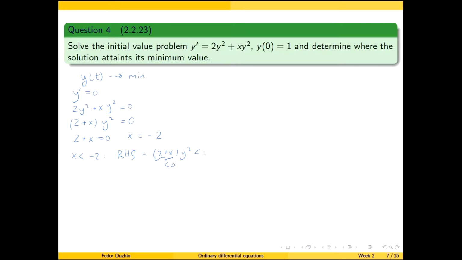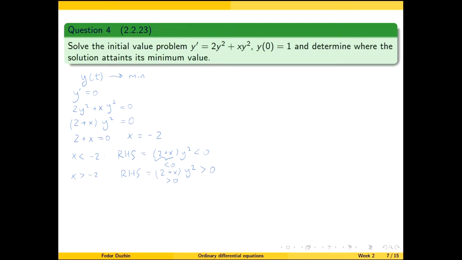And if x is bigger than negative 2, then the right-hand side is still 2 plus x times y squared, but now 2 plus x is positive and y squared is positive, so it is positive.